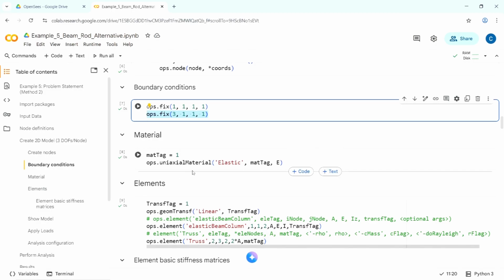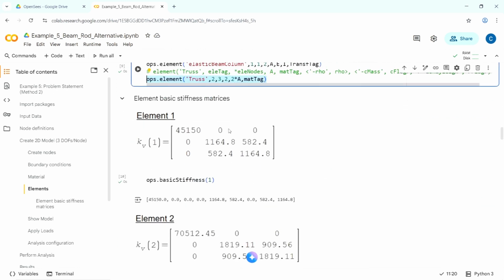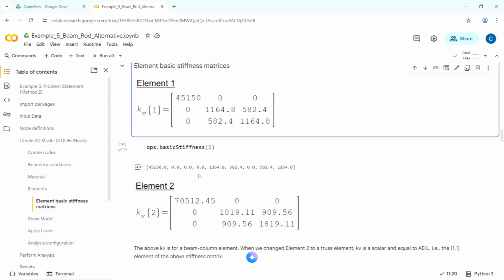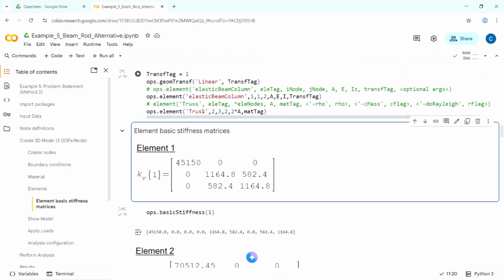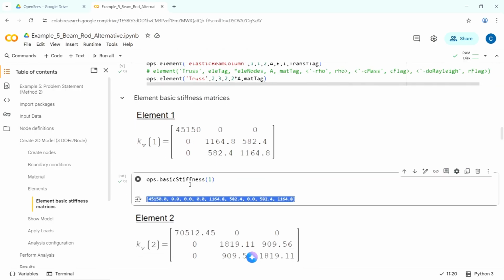And then here this is now a truss element. Okay. We have seen in the previous example how to create a truss element. Okay. And this is the basic stiffness matrix for element 1, which matches with my hand calculation. This is the basic one from OpenSees, matches with the hand calculation.